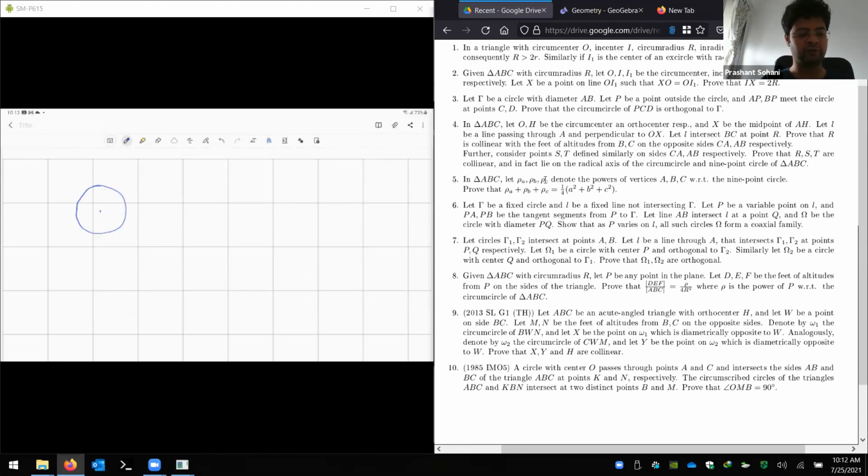Okay, so if this is my circle, and this is the fixed line. There is a point P on this line which is varying. So P's position may change, and I want to construct tangents from it.